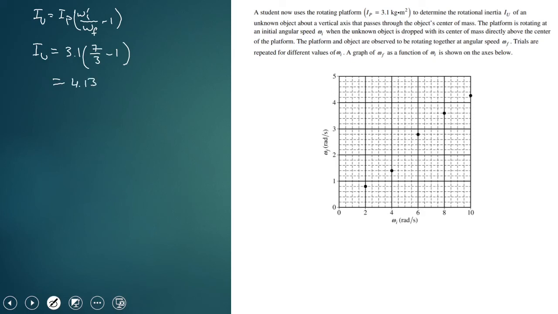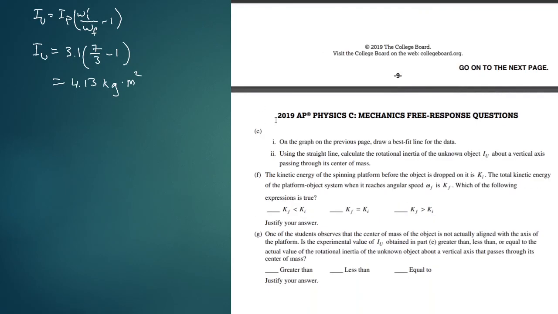And keep in mind the units for moment of inertia should be given in the question, in case you forgot, is kg meter squared. Alright, and so we solved for I_U.